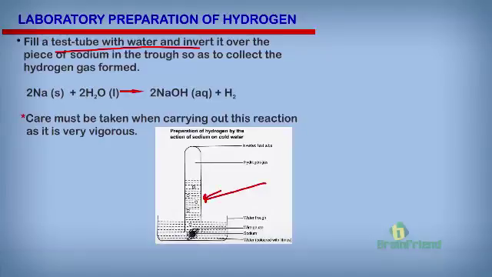This is a test tube that's inverted. We invert it over the piece of sodium in the trough so as to collect this hydrogen gas formed. And the reaction goes this way: sodium plus water gives us sodium hydroxide with the liberation of hydrogen gas.